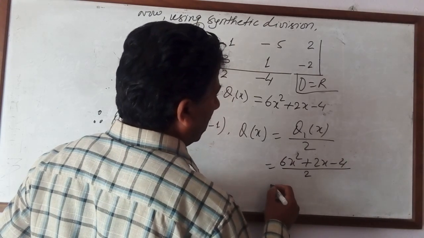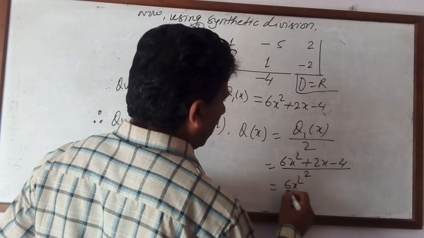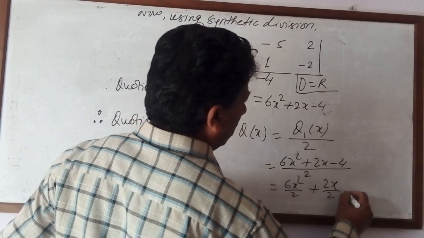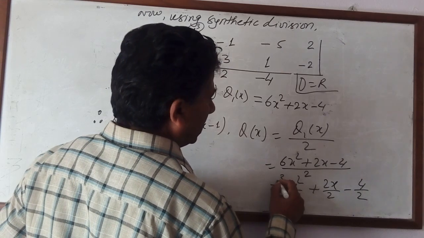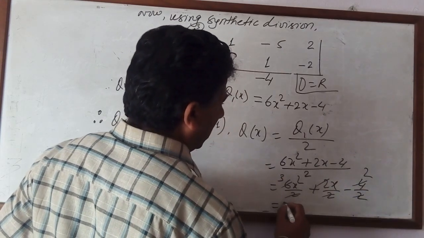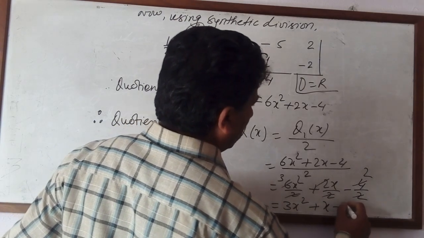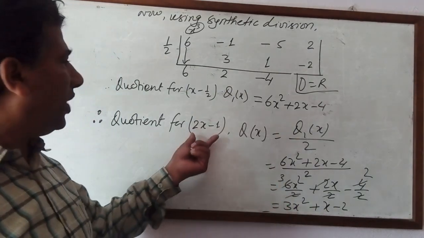You can divide like this: 6x square by 2 plus 2x by 2 minus 4 by 2. The 2s cancel. Ultimately 3x square plus x minus 2. We found the quotient. This is the quotient for 2x minus 1.